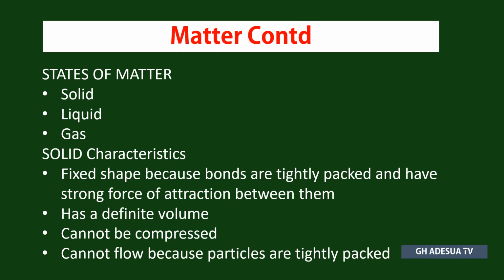When you press on it, it gets tightly packed together. Now we are talking in terms of the atoms that make up a solid. The atoms that make up a solid will not allow you to compress them. So that is also one of the characteristics.